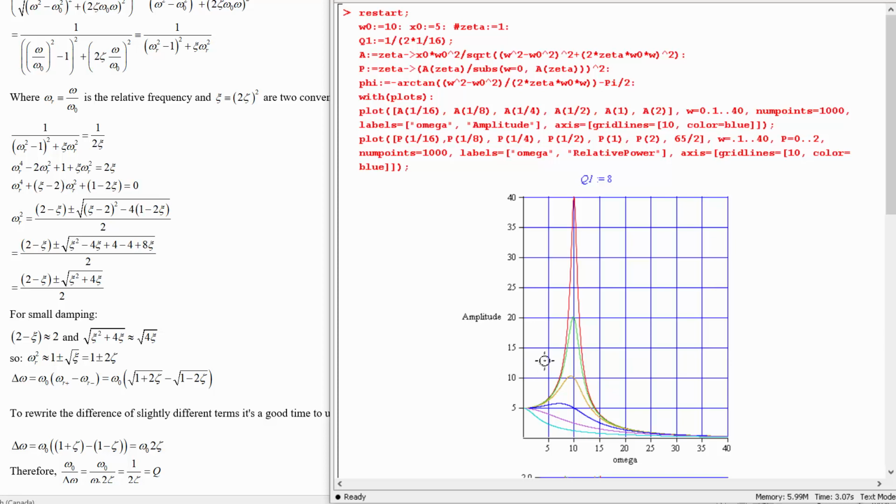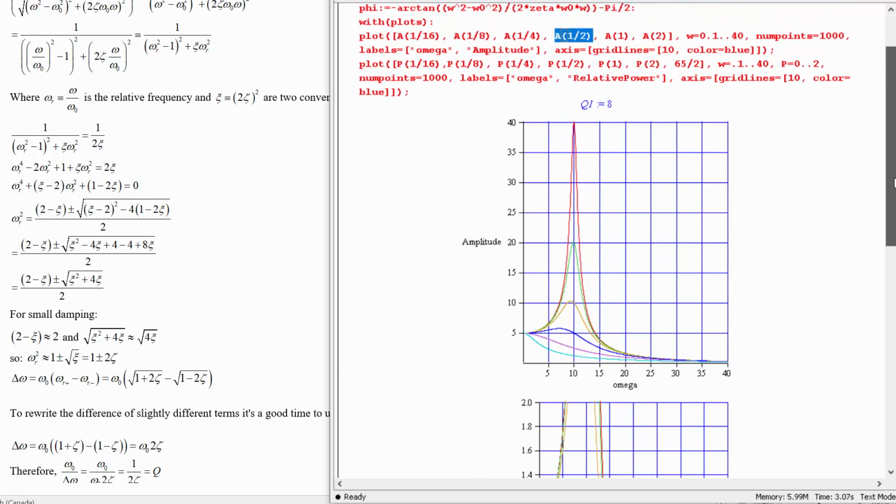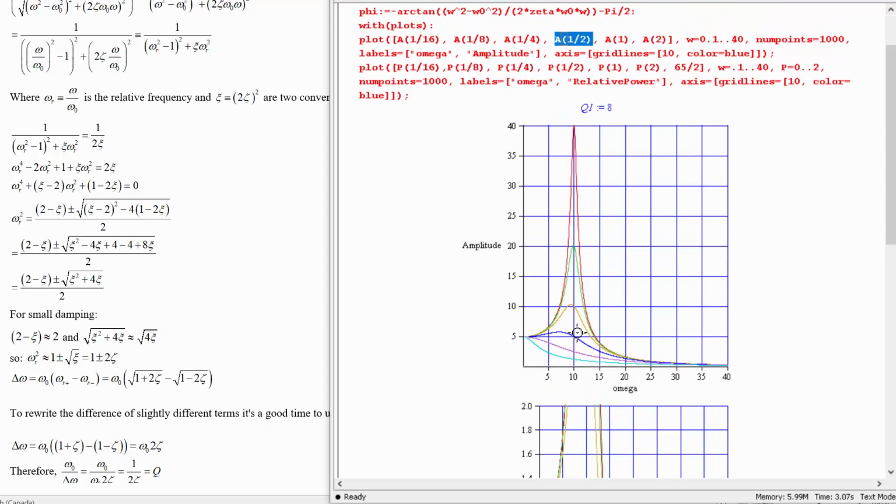You can also see the other things sort of fall apart too. So this zeta of a half, 1 over 2 zeta should give us a quality factor of 1. And this is telling us that the amplitude amplification at resonance should be 1. And yeah, sure enough, it is 1 here. It's the same size here as it is over here. But the problem is this is not even the peak anymore, right?